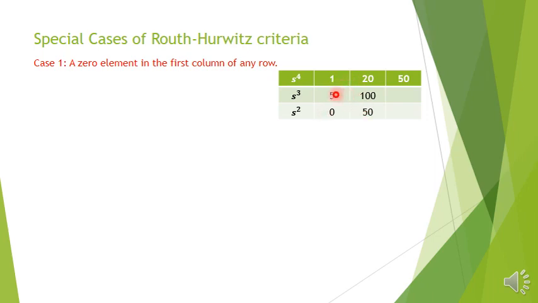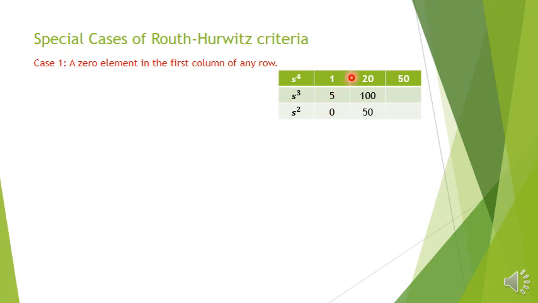Whereas this element, 5 into 50 minus 1 into 0 divided by 5, means 50. So the first element of the row is 0. If we continue the table, all the elements become 0 or infinity.